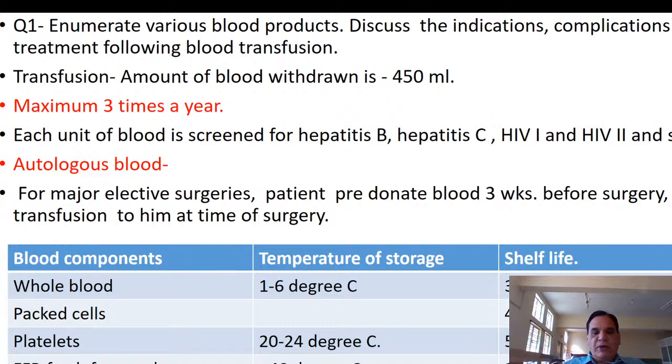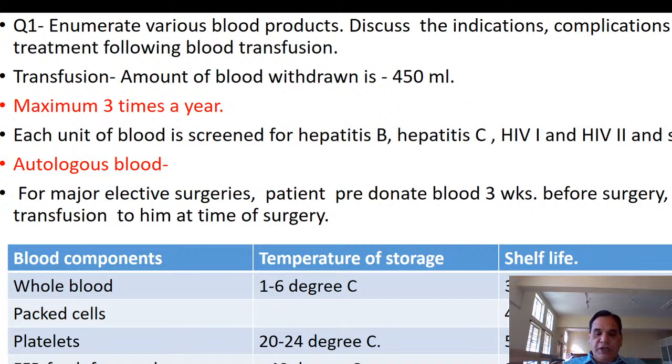So what are the actual blood components we are giving and how are they stored? This you must know. Whole blood is stored at 1 to 6 degrees centigrade. The shelf life is 35 days. Packed cells can be stored at room temperature. Shelf life is 42 days.